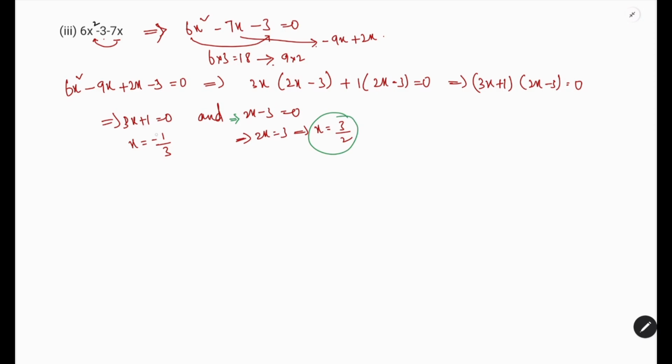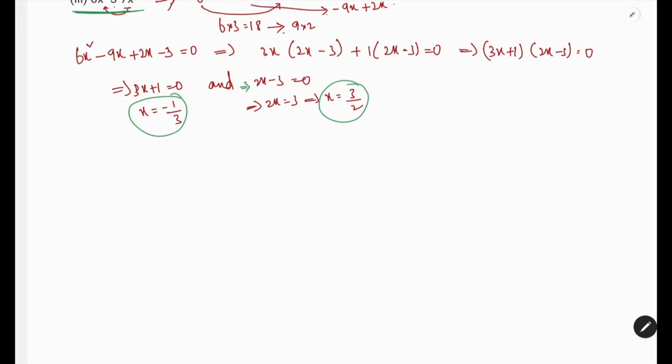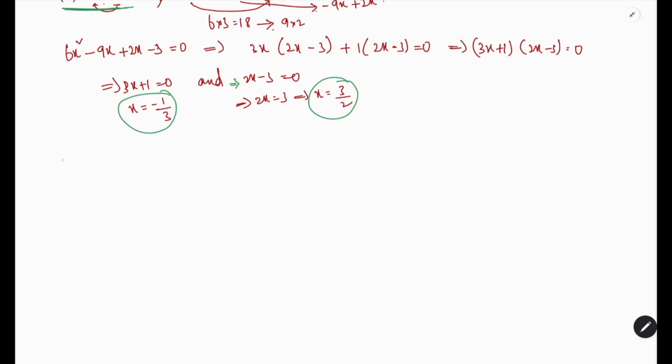For these two values of x, the value of this polynomial is 0. So these two are the zeros.